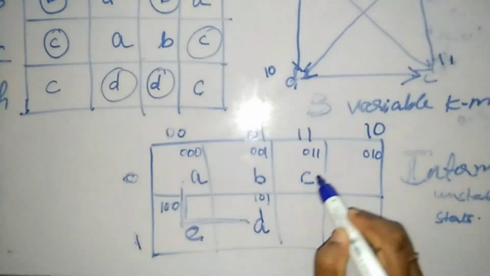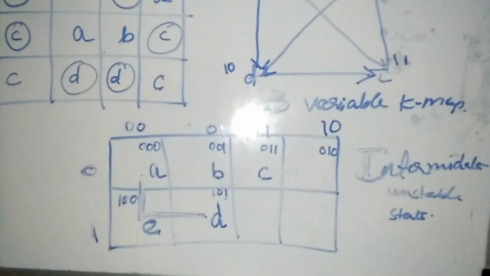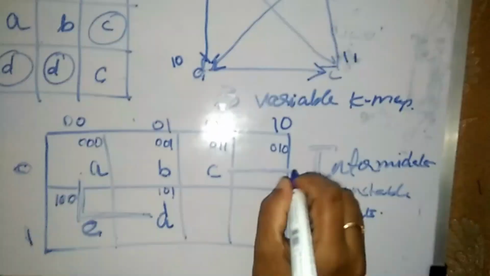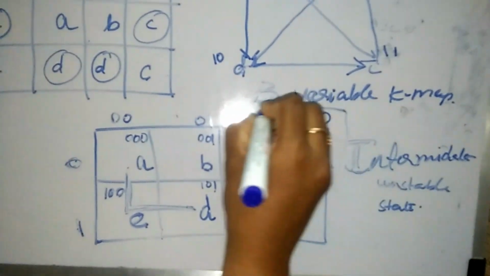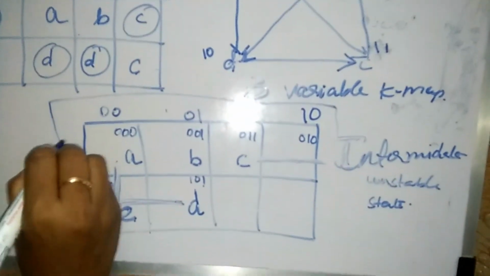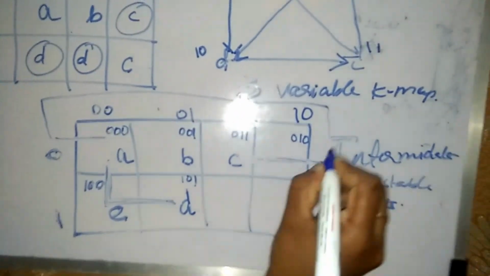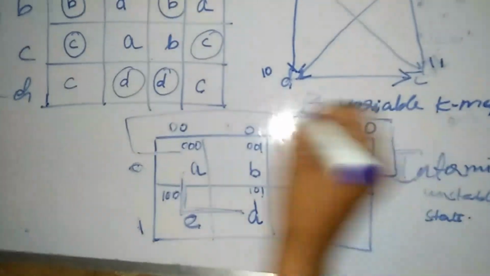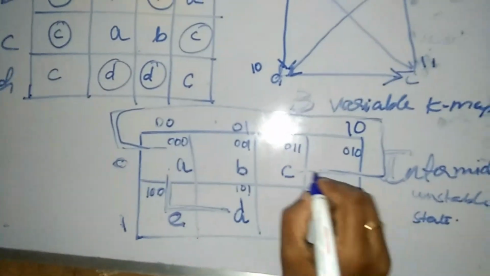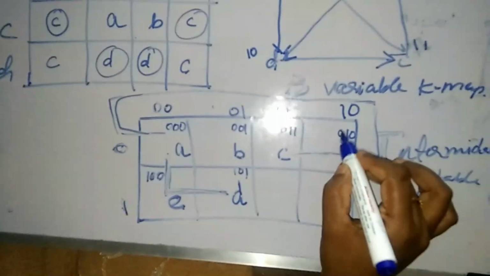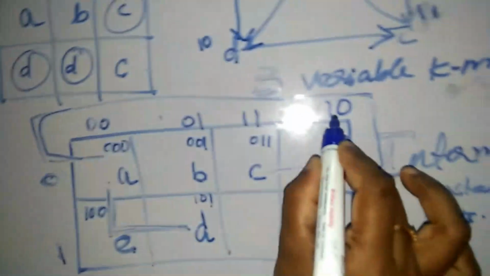So I'll consider the intermediate state from C, going to A. This intermediate state comes from C and it goes to A, and it has the value 0, 1, 0.